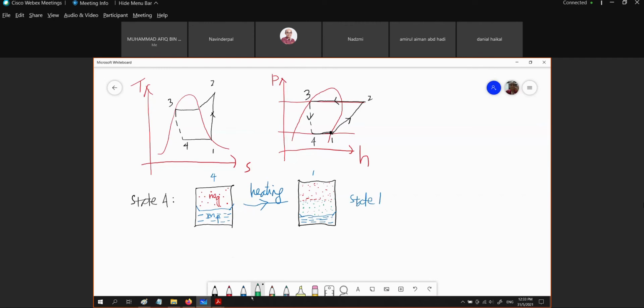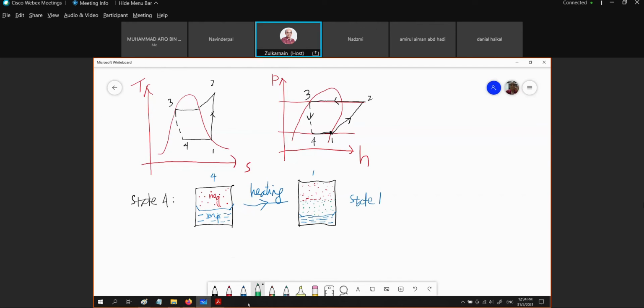So what actually happened? Initially, we have state 4. This is what we can see because 4 is a mixture. We have m dot f at state 4, and we have m dot g at state 4.